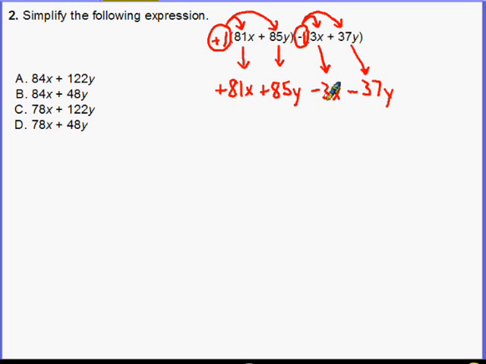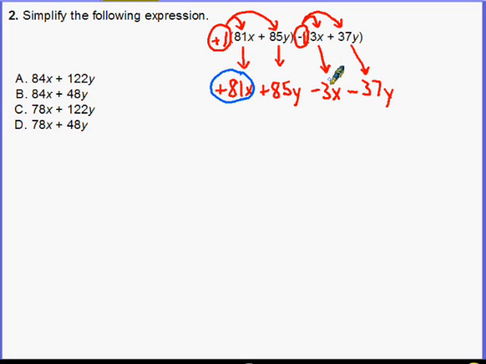So you see how this was a positive 3x, but after doing distributive property, look, it became a negative 3x. This was a positive 37y, but after doing distributive property, it became a negative 37y. You see how it's real important to make sure that you do the distributive property? Alright, so just like the last problem, you probably already guessed, I'm going to combine like terms.